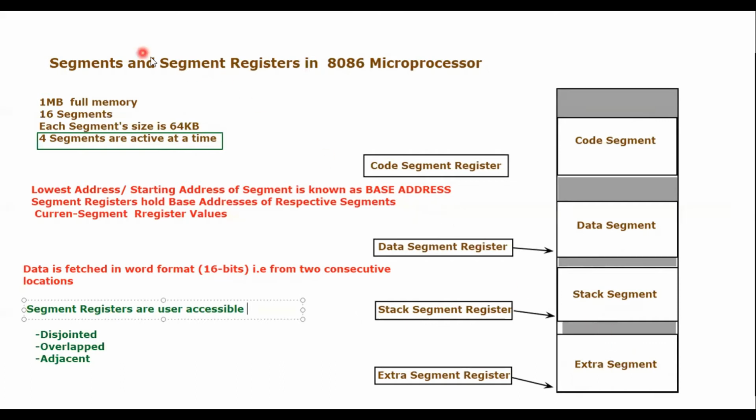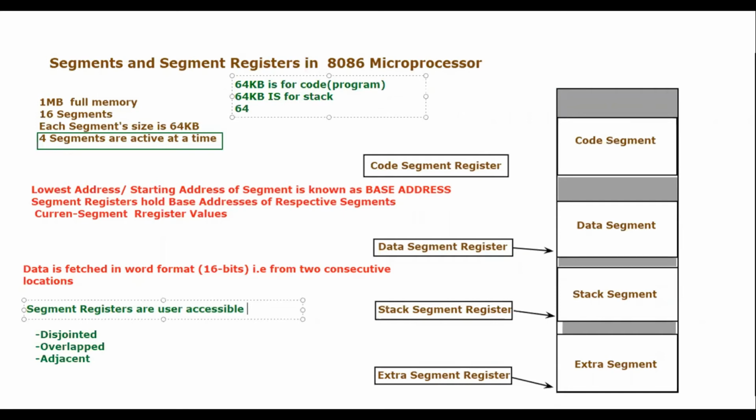So one can say that 64 kilobytes is dedicated for code, or the program, right? 64 kilobytes is for what? Stack, which we're going to cover in a separate lecture.